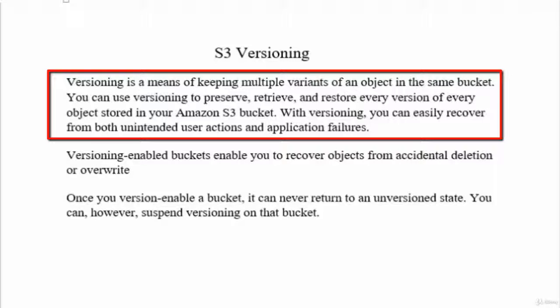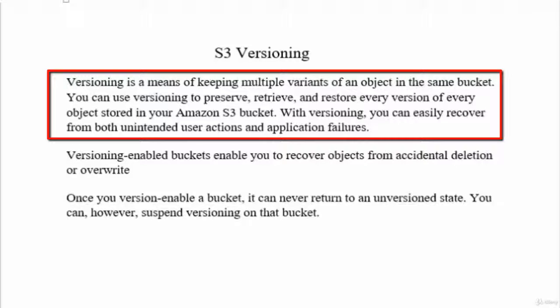One more thing to notice is that when you enable versioning, you create multiple copies after every change of the object, and they will be stored in S3. So you have to pay for the extra versions that are stored in S3, as per the S3 prices.